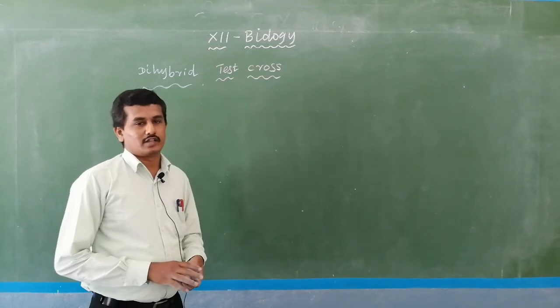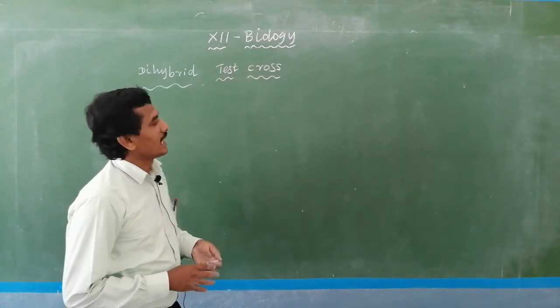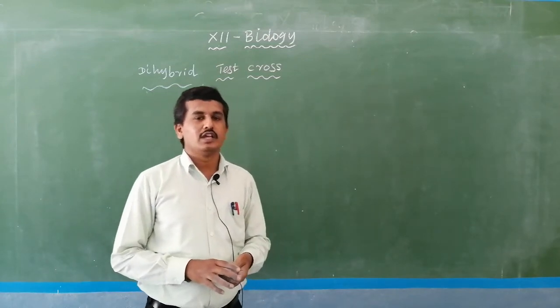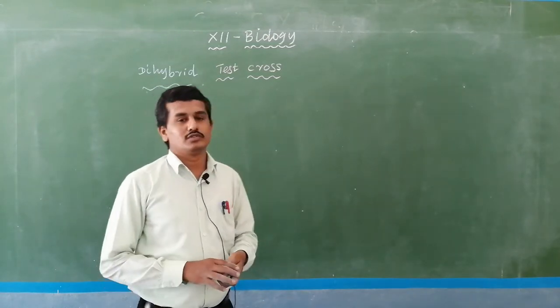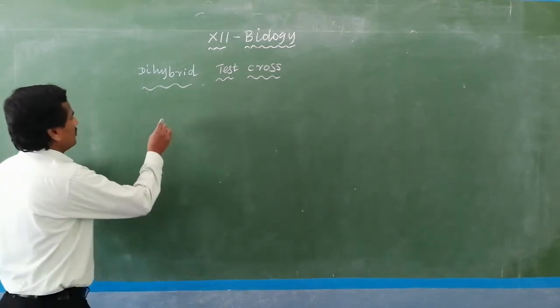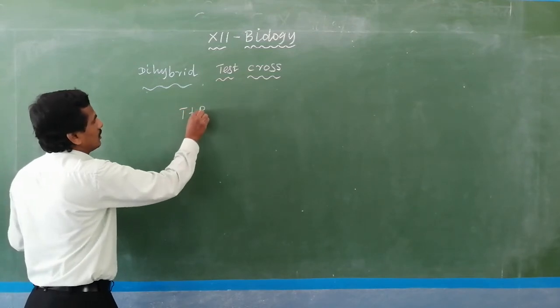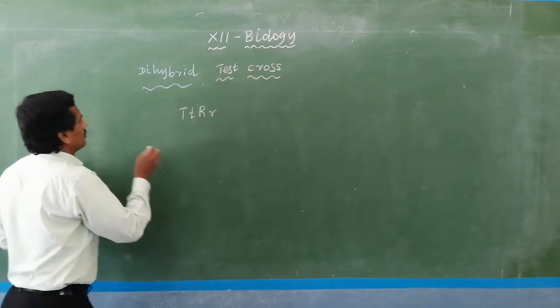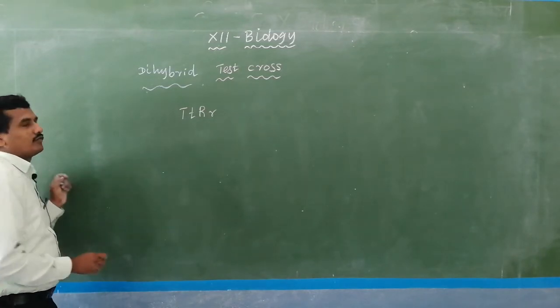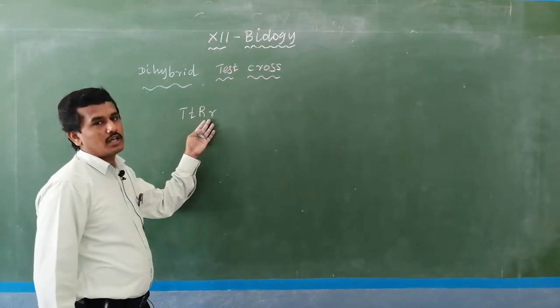Dihybrid test cross. Normally we followed the dihybrid cross, inheritance of 2 genes. Related to the inheritance of 2 genes, the test cross. A test cross is simply of the F1 generation. For example, a tall plant with round seeds, this is actually F1. In F1 only heterozygous tall and heterozygous round are produced.